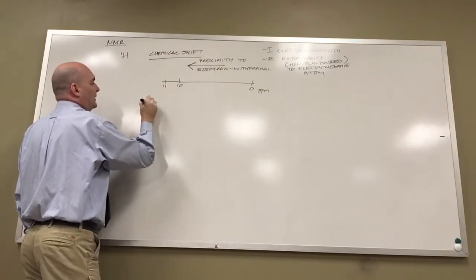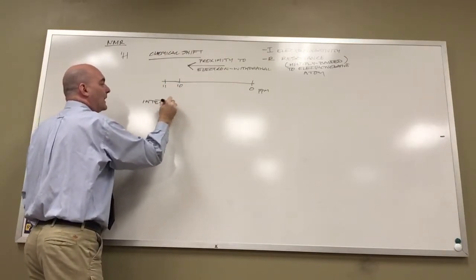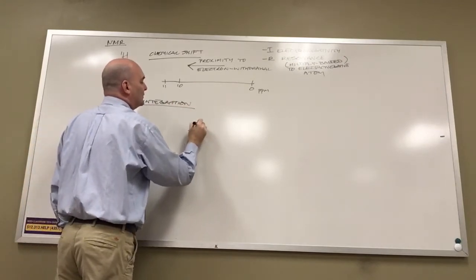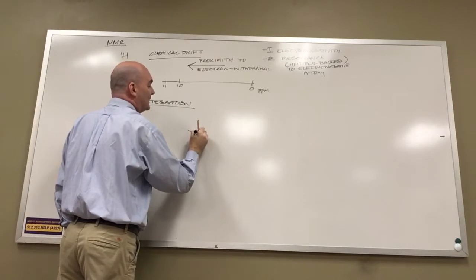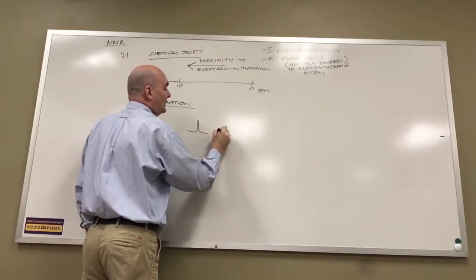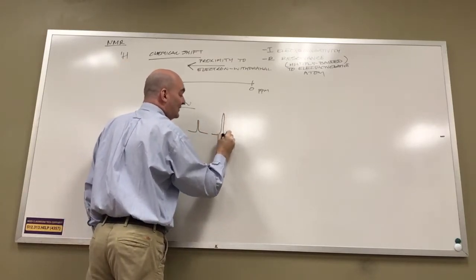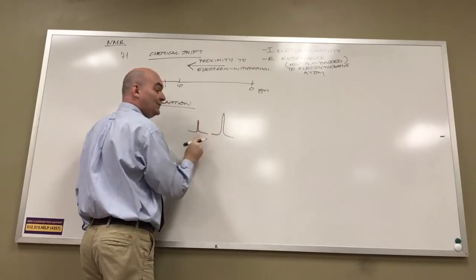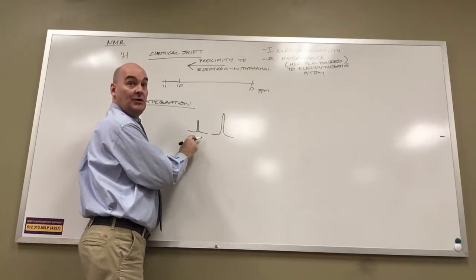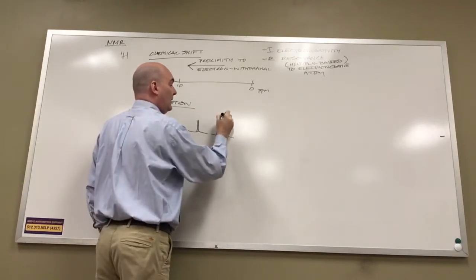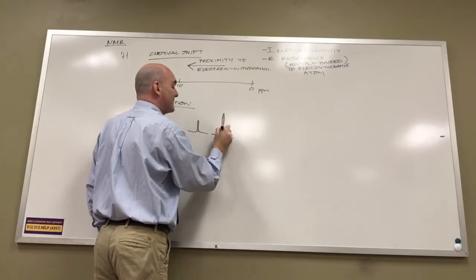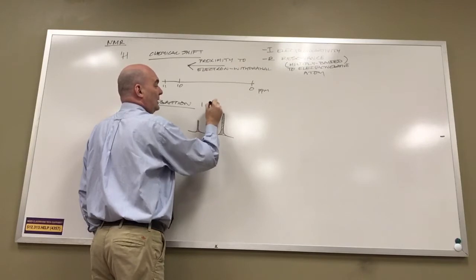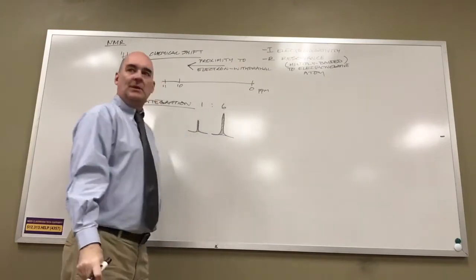The other thing that an NMR gives me is integration. If I have a signal and the signal is this big, and then a bit further down, there is a signal that is this big. The integral, the area under the curve between these, well, that could be 1 to 6 or something like that.